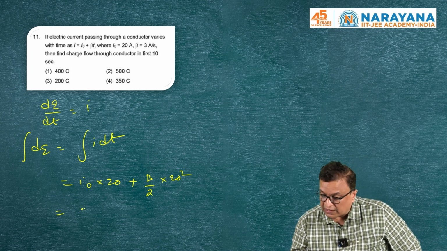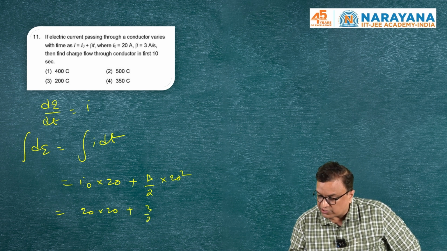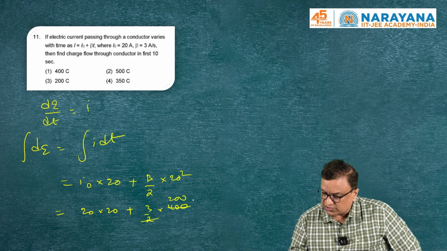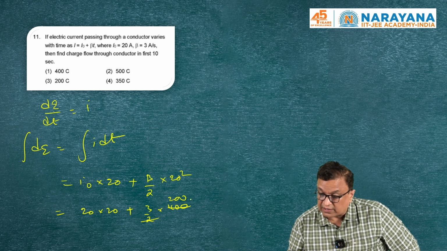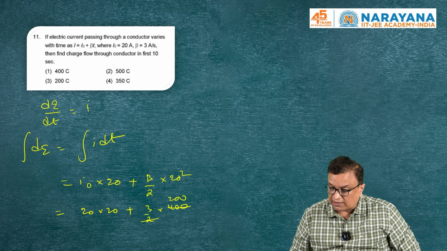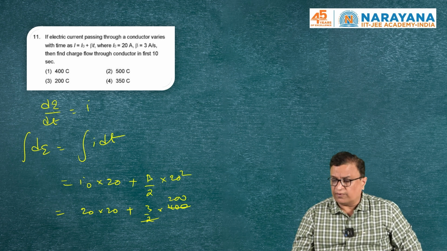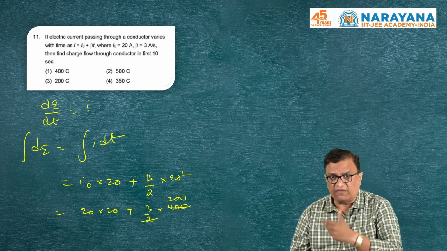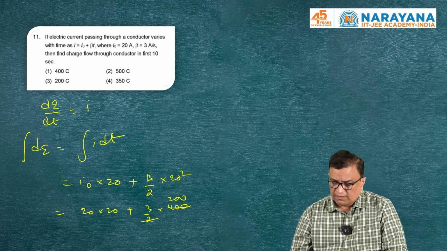Trust me. Otherwise 20 into 20, beta by 2, 3 by 2 into 400, 200, 600. You can see this is 200, right? So by solving this you will get the proper answer. And I have seen this question at different venues.